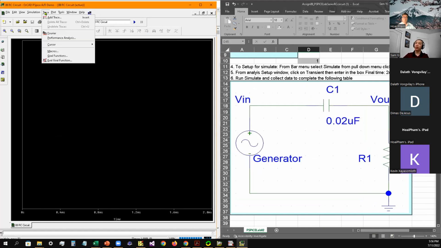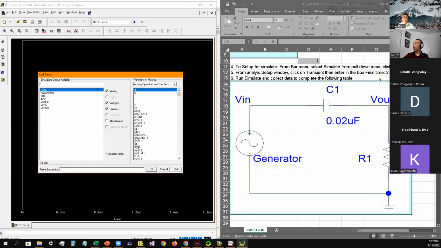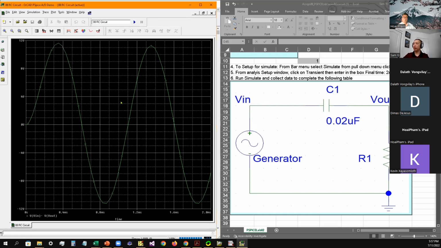So back into trace, add trace. Now it's going to be V in minus V out that would give you the VC. So V in first, minus V out, and click OK, and that should be your circuit.